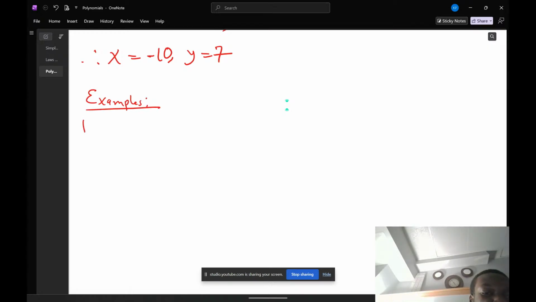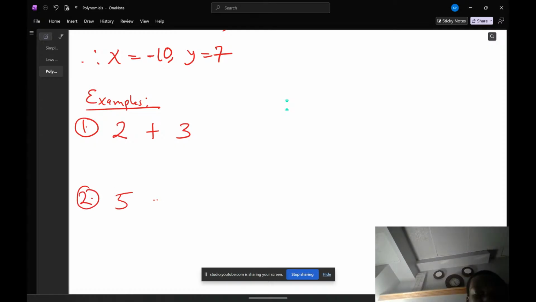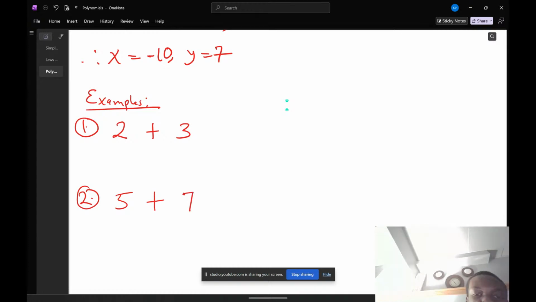Okay, so the first one, very simple, will be 2 plus 3. I'm going to write out everything before I start solving them. Number 2, we can do 5 plus 7. Number 3, we can do 14 minus 9.